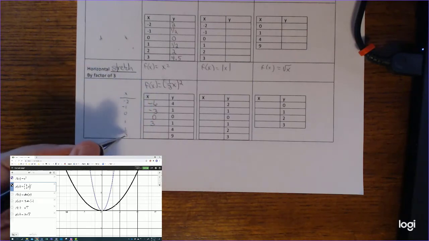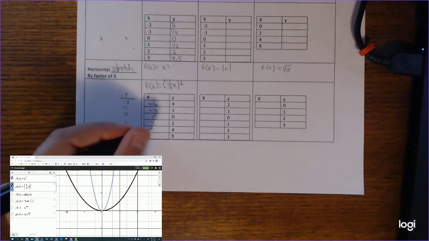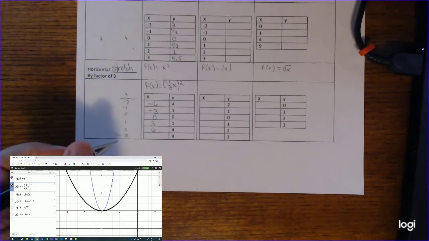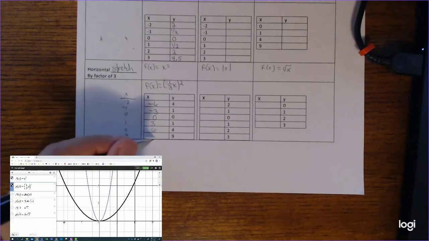This point was 2, 4 right here, but now it's 6, 4. Are you getting the hang of what's happening? This point right here was 3, 9, but now with the horizontal stretch by a factor of 3, it's now 9, 9.